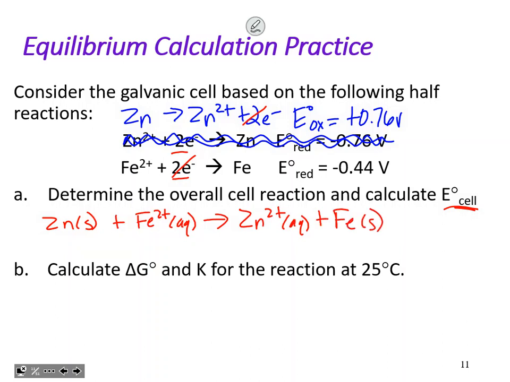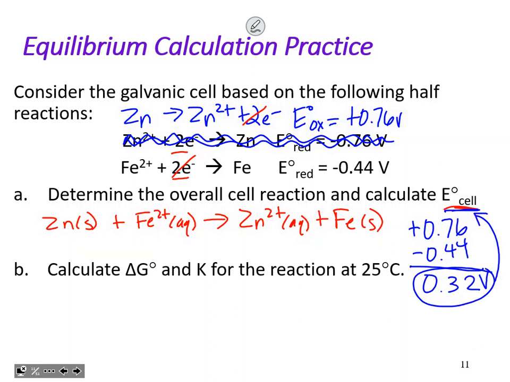And then to figure out E cell, I just do 0.76 plus the negative 0.44. Go ahead, mental math that. That's very easy. This is going to be 0.32 volts to equal the E cell. And it does come out positive, so we know it's thermodynamically favored. We're good to go.